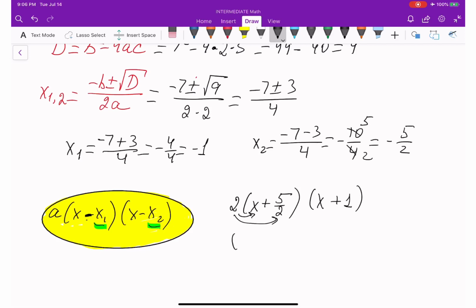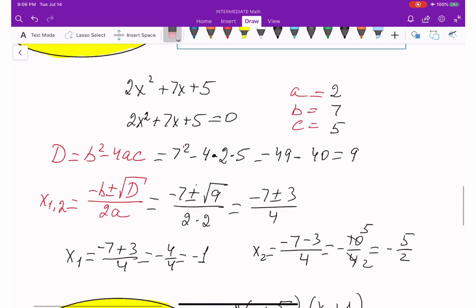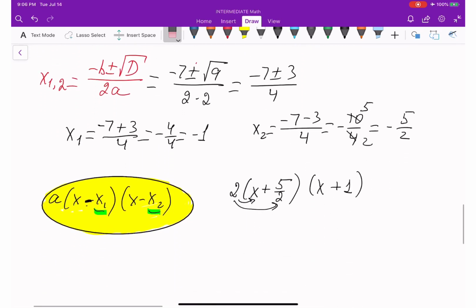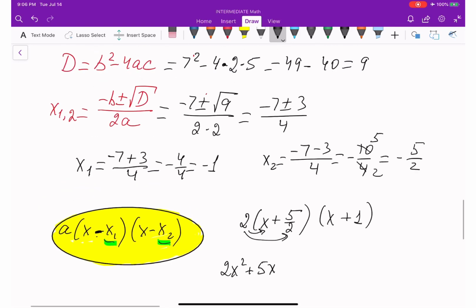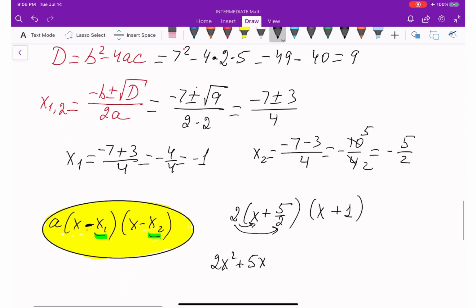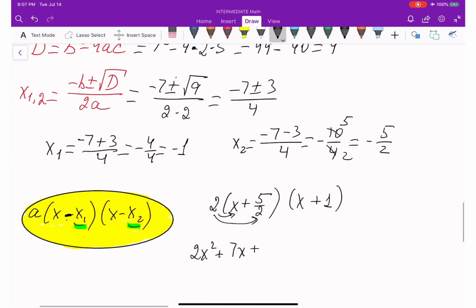We will get, let me write down our expression, 2x squared plus 7x and plus 5.